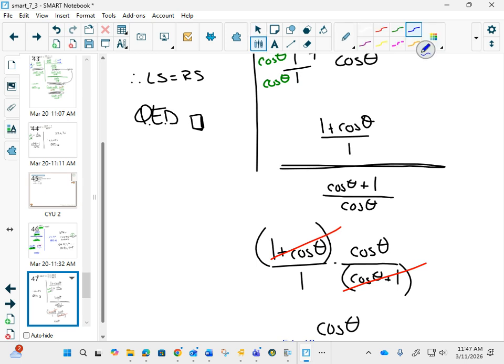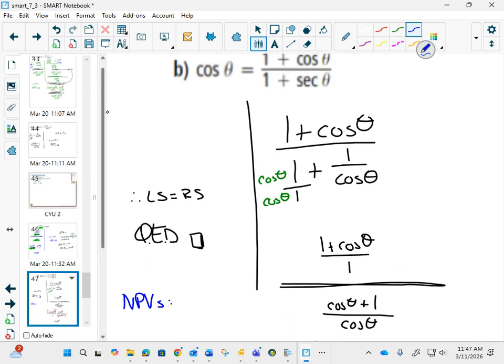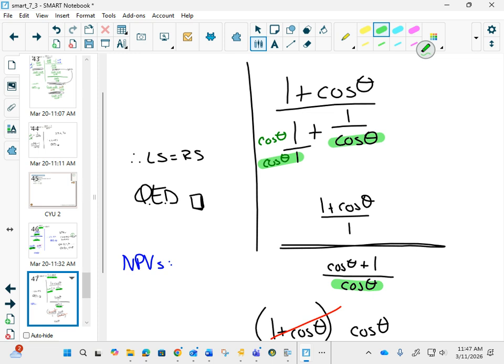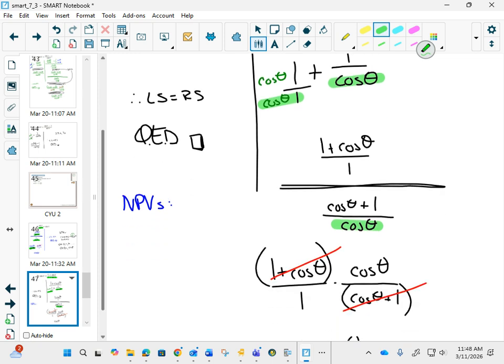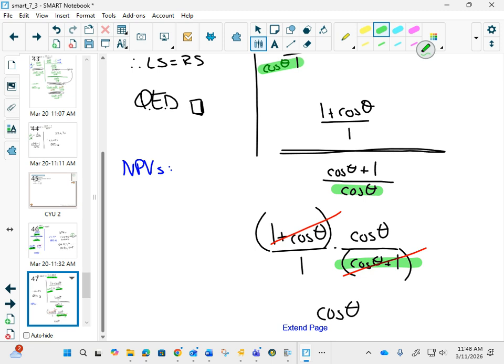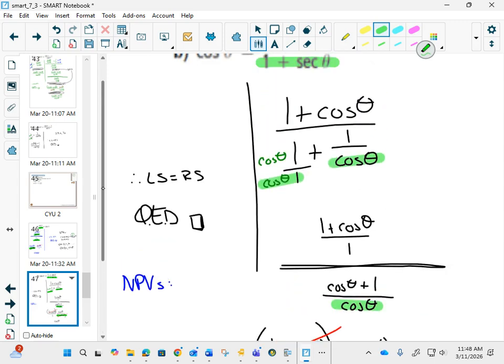Now, we're going to figure out the non-permissible values after the fact. We're going to go through our entire proof and highlight everywhere we were dividing. I'll give you one shortcut.